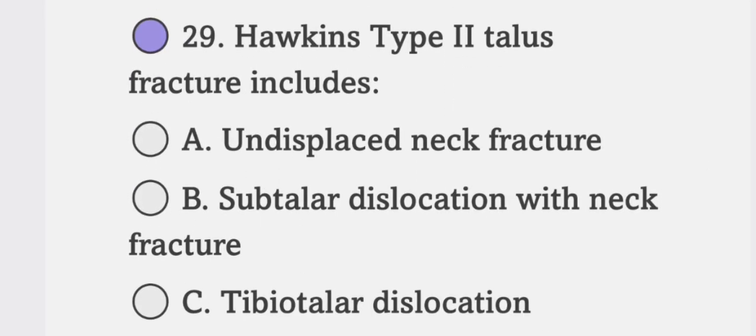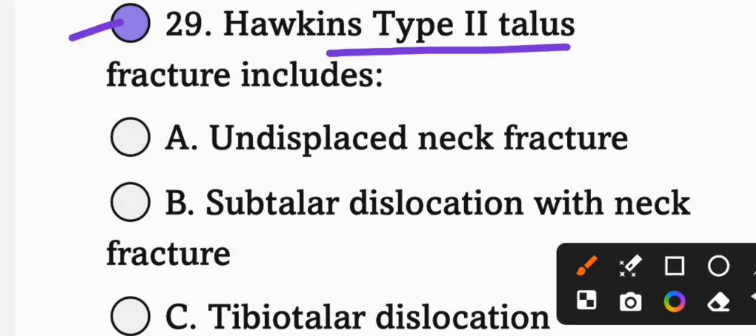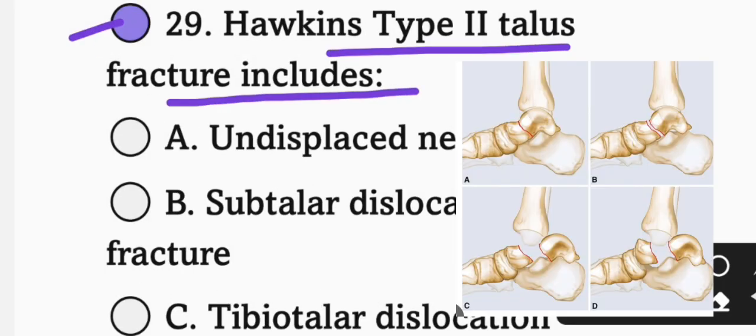Now come to 29. Hawkins type 2 talus fractures include. This is a very favorite classification, the Hawkins classification of talus fractures, with type 1, type 2, type 3 and type 4. Question asking about type 2. Type 2 is a neck fracture with subtalar dislocation, so B option is the correct option.